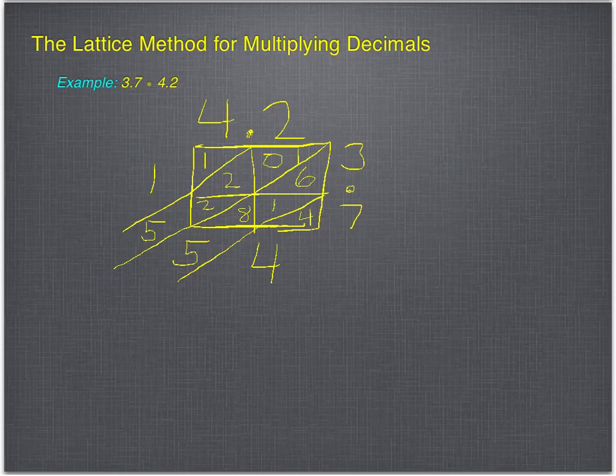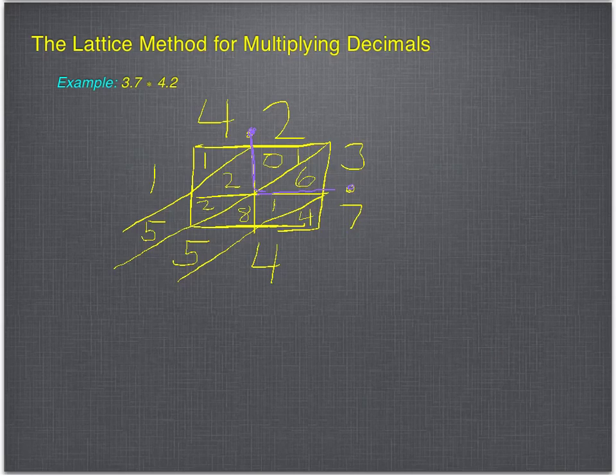Now, get a new color, and let's make it a little thicker so you can see. This is the brilliance that I think lattice has when you're multiplying decimals, because all you have to do is locate your decimal, which is right here between the 4 and the 2, and draw a straight line down each box, one box at a time. Then you drag your line over for the other decimal until those two lines meet and intersect.